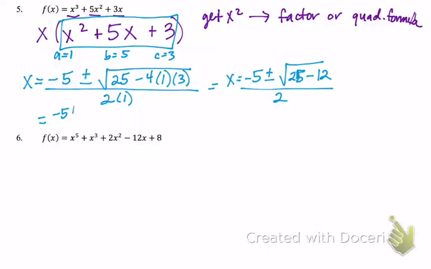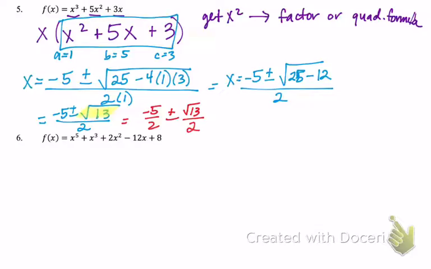Negative 5, I'm rewriting it, plus or minus the square root of 25 minus 12, which is 13, over 2. I cannot simplify this 13 anymore, so my final answer I leave as is. I could divide it. I could say negative 5 over 2 plus or minus the square root of 13 over 2.